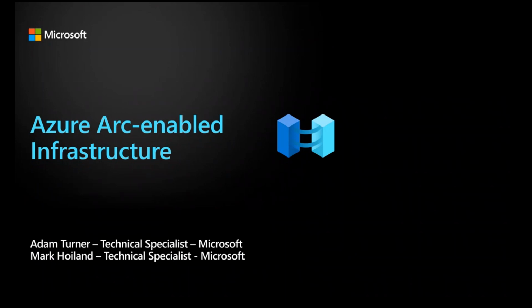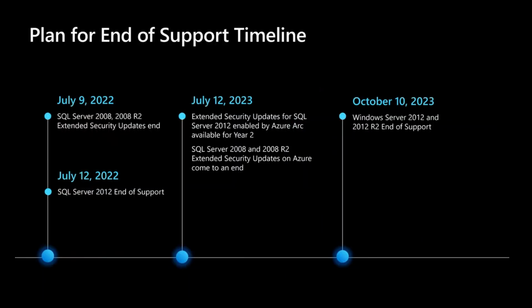So if you joined us last time, I just want to do a quick recap. What we really spent most of the time on was Arc enablement, as well as talking about the upcoming end of support for Windows Server 2012 and 2012 R2, coming up on October 10th, 2023.